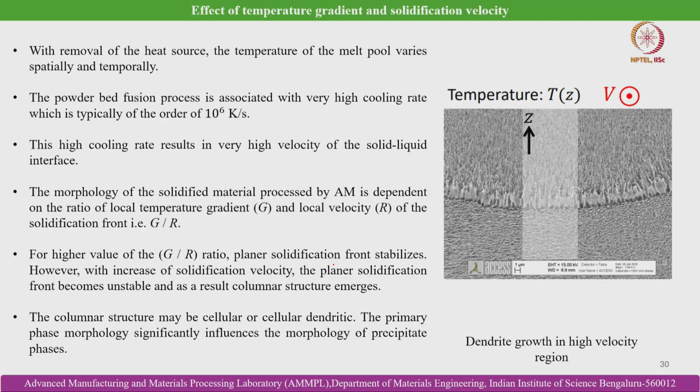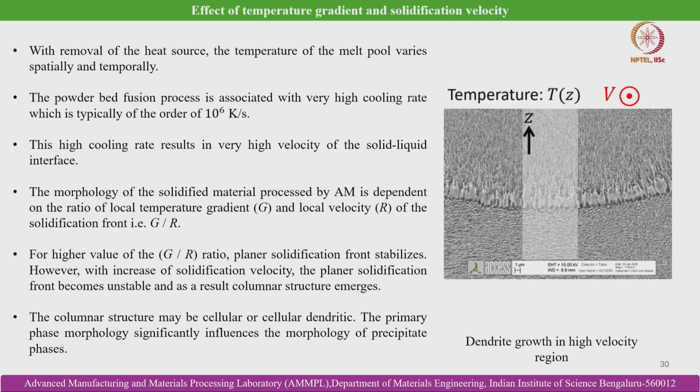Okay. And then the effect of temperature gradient and solidification velocity. With removal of the heat source, the temperature of the melt pool varies spatially as well as temporally. The powder bed fusion process is associated with a very high cooling rate, typically of the order of 10 to the power 6 Kelvin per second.